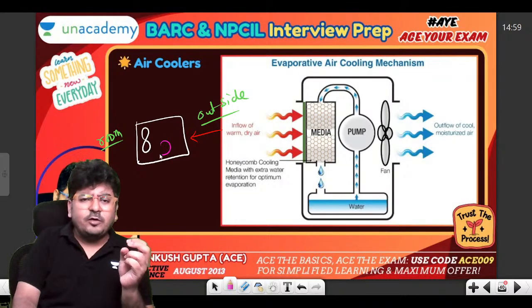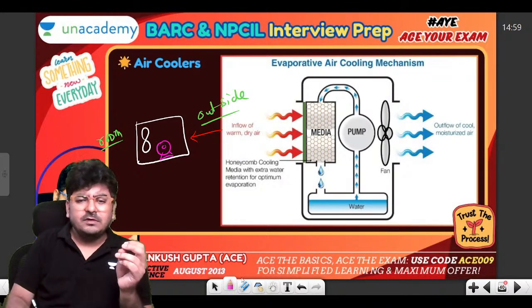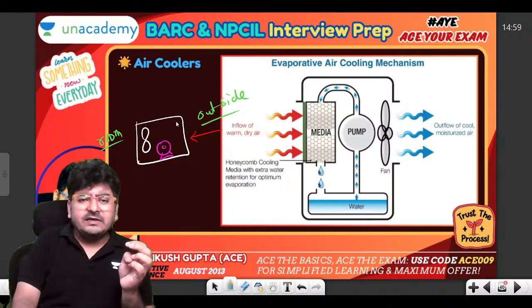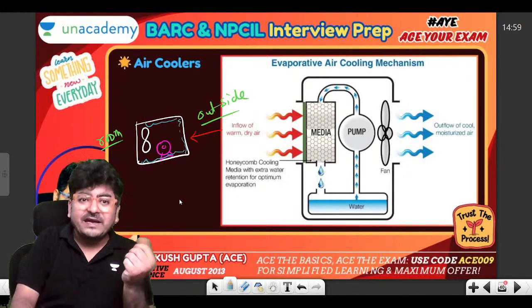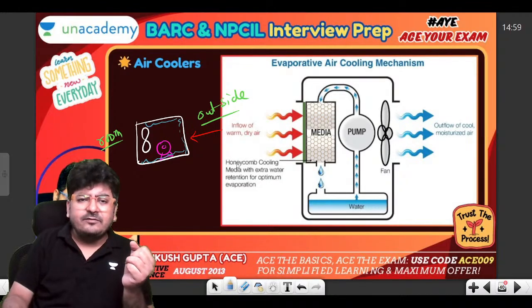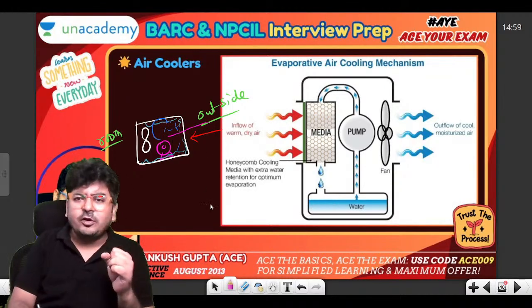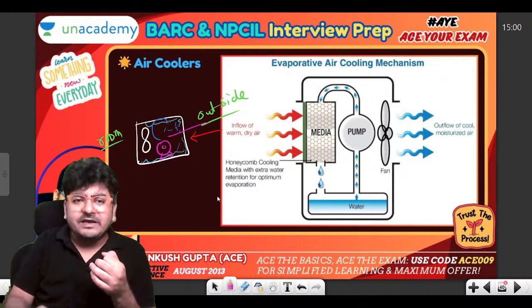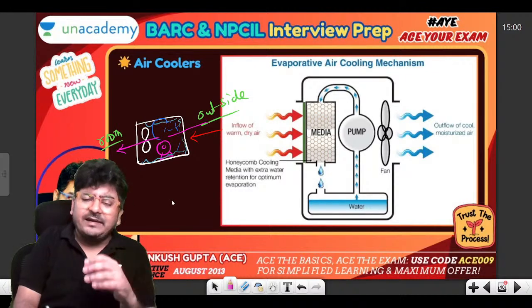Inside this we have a water pump, and near the gates we have those pads where we circulate the water and water sprays. What happens? Air comes in contact with this water, evaporative cooling takes place, and thus this cold air enters the room.